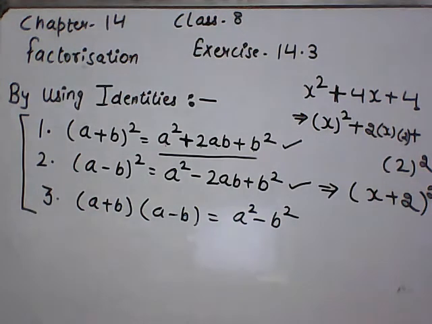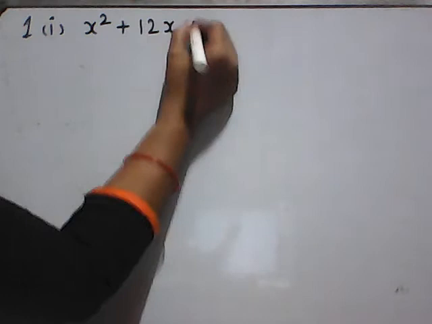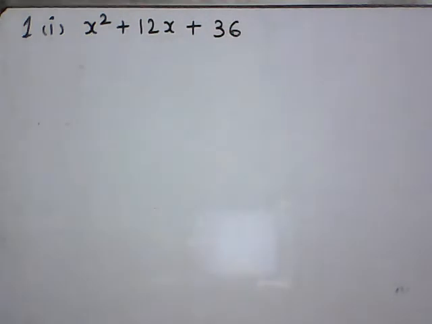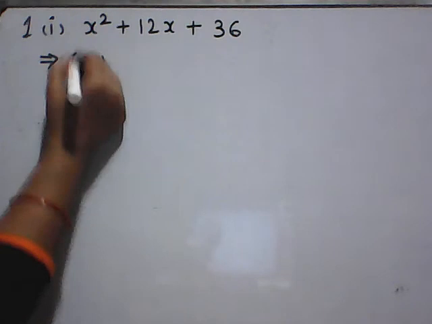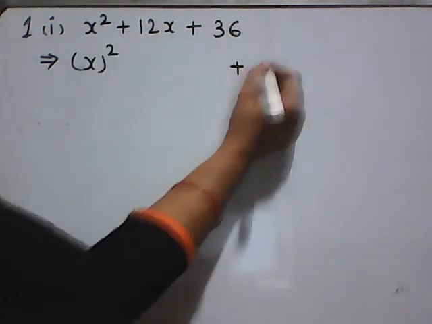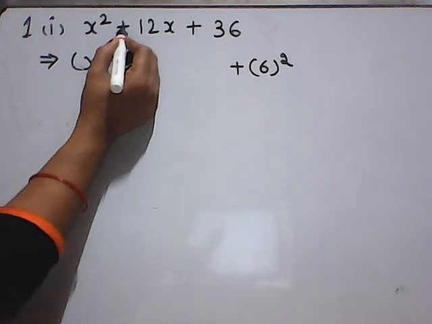Let's continue our exercise 14.3 with question number 1. In the first question, it is given to you x square plus 12x plus 36. Now you have to factorize by using identities. The first term can be written as x whole square, the third term can be written as 6 whole square, and the middle term contains the positive sign.